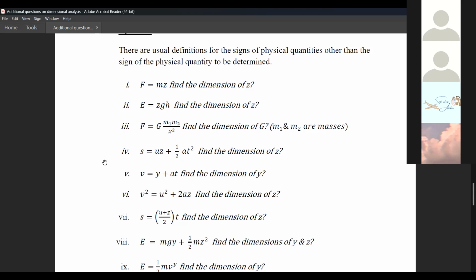Therefore, in your answers, it should be L squared. No?